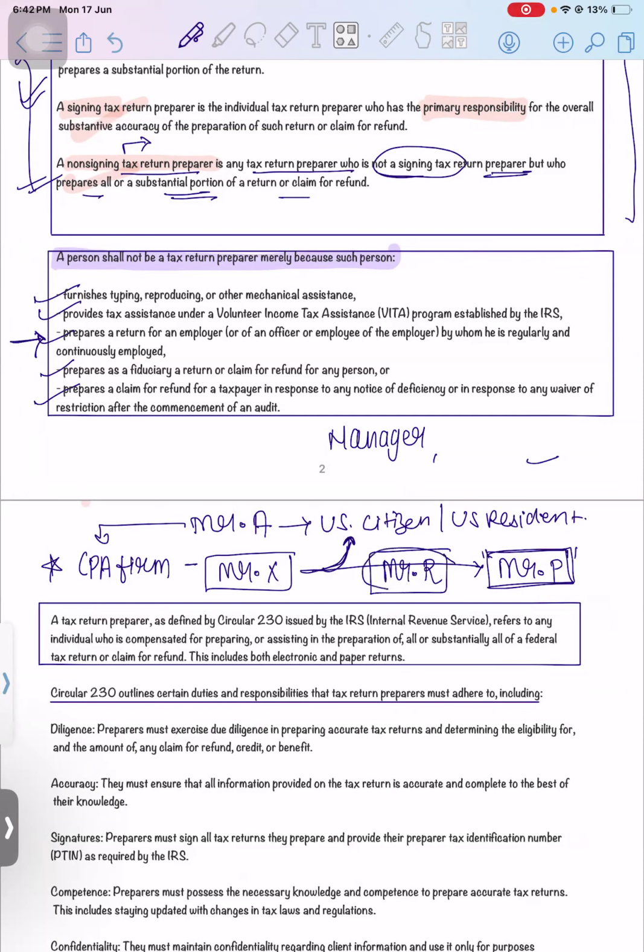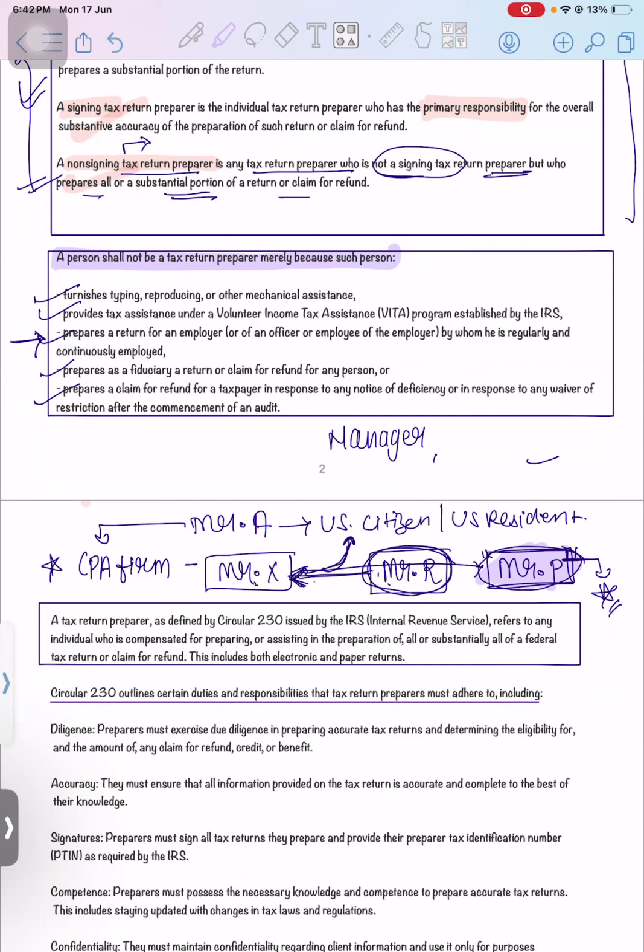So this person is the employee of whom? Mr. X. Mr. X is the owner of the CPA firm, so he is the employee of Mr. X. Now, Ankit, you are at this level. So this person will not be called a tax return preparer, even though logically you are actually preparing the return, right? Correct.